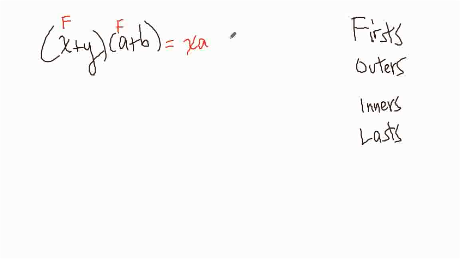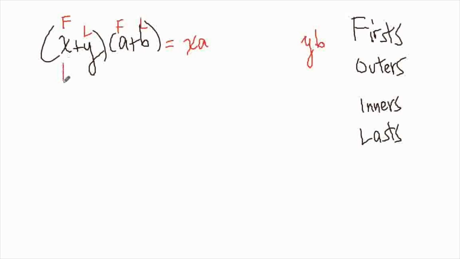Alright, by the lasts, I mean the lasts of every parenthesis. Okay, so those guys get multiplied together. Okay, and so what about the outers and the inners? The outers have to do with the extreme left and the extreme right.